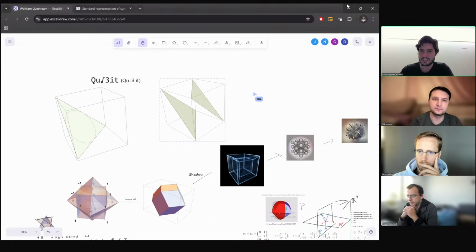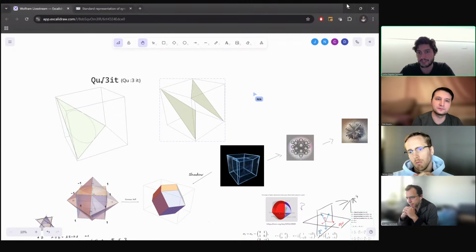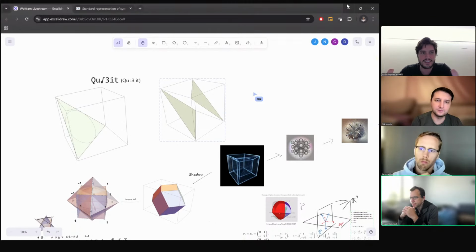So near the identity, SO3 looks like R3. SO3, by the way, these are 3D rotations, right? They act on themselves, right? You can multiply them together.